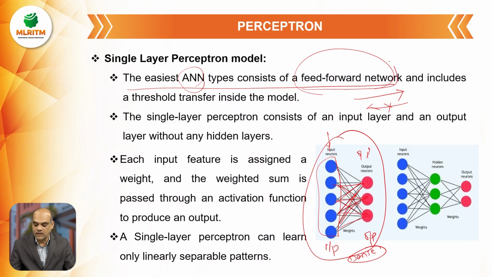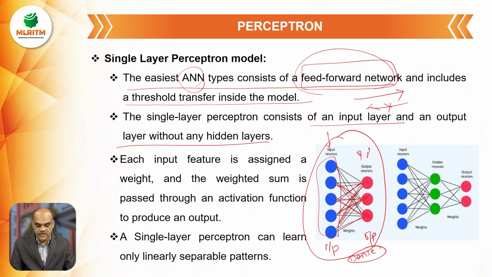That's why we call this a feed forward network. It includes a threshold transfer inside the model, just a kind of bias. So inside the model, we introduce that bias in the case of single layer perceptron. As I said, it consists of an input layer as well as an output layer, but no hidden layers are introduced in this particular architecture.